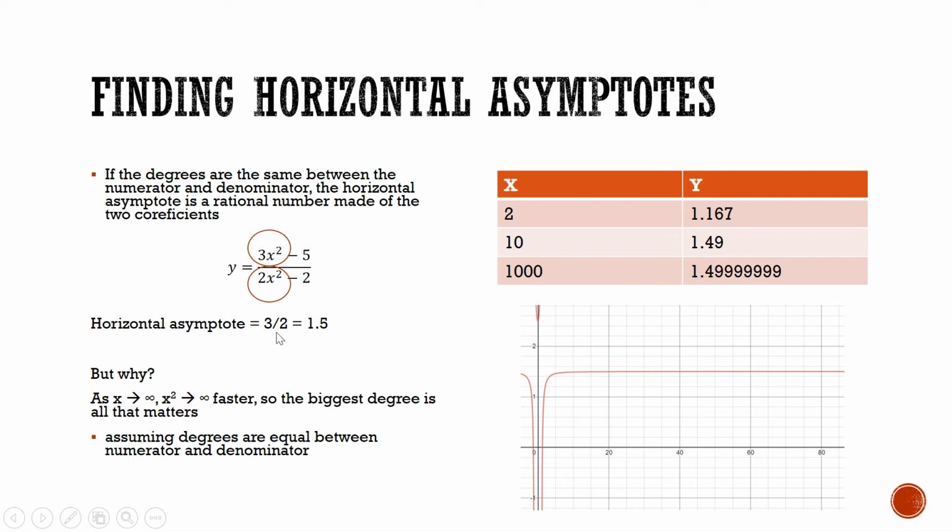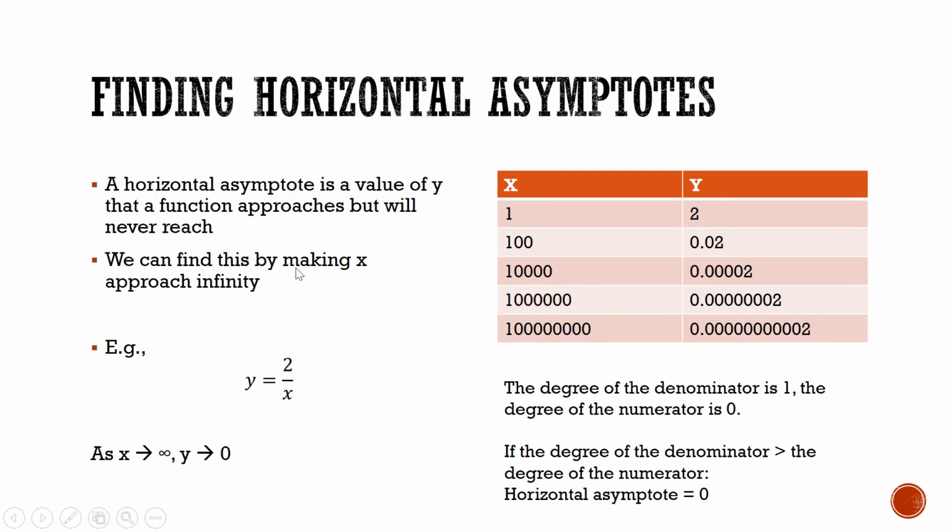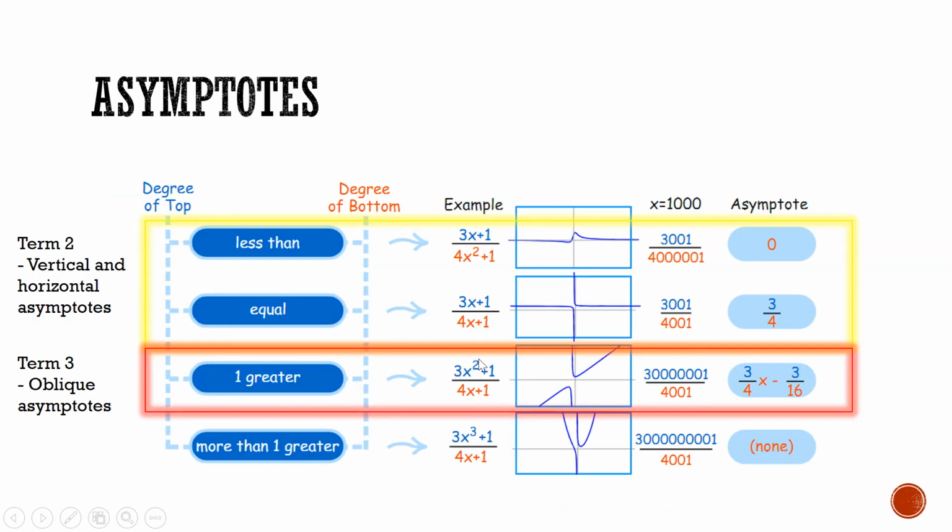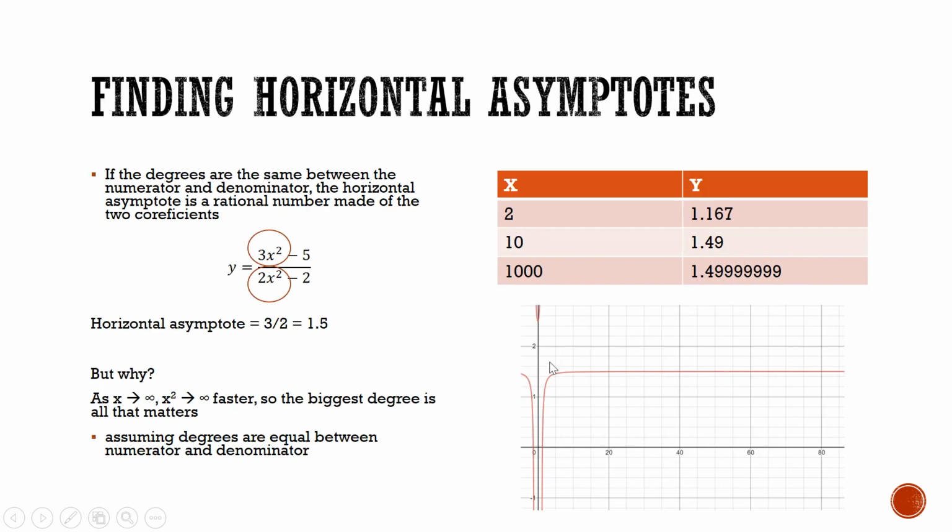But the higher the degree, the faster it will increase. So really, if everything else is equal, we just look at the highest degree. As soon as we start making these unequal, we get these oblique asymptotes, which we're not looking at this term.